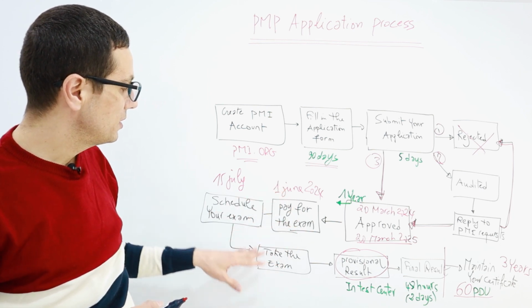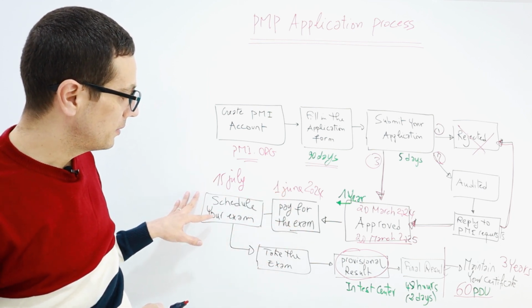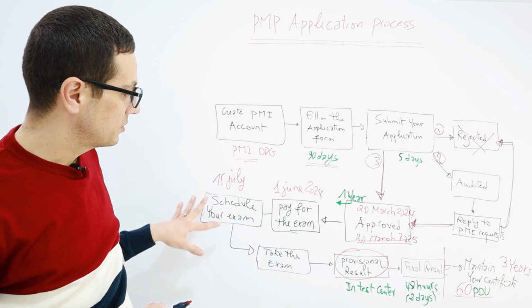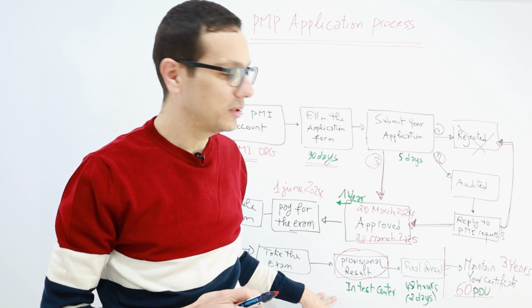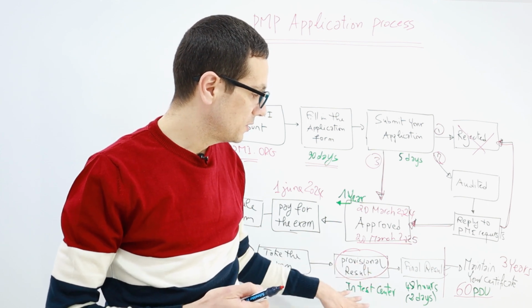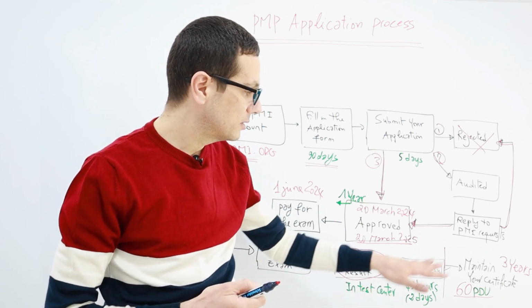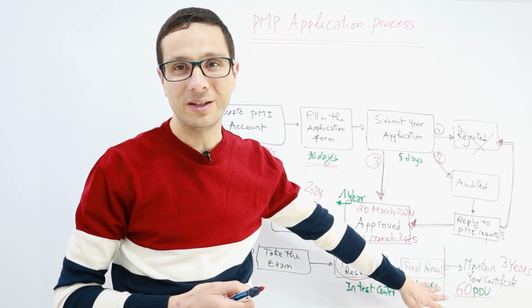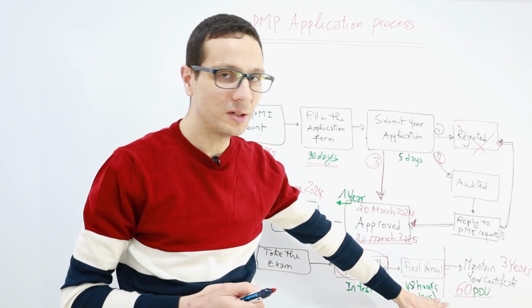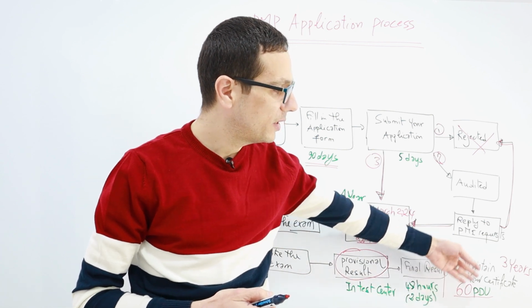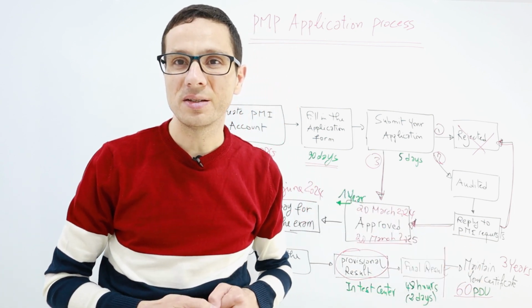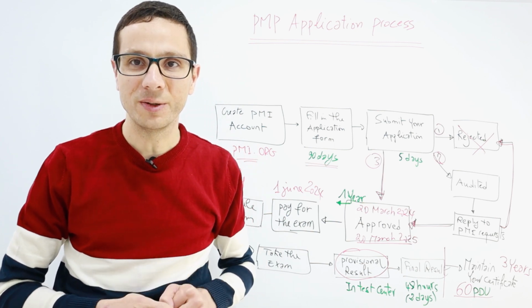And once you pay for the exam, you can schedule your exam. And after scheduling the exam, you sit for it and you get the result, either a provisional result if you are in a test center, or in both ways you get a final result after 2 days. Once you are certified, you need to collect 60 PDUs every 3 years.